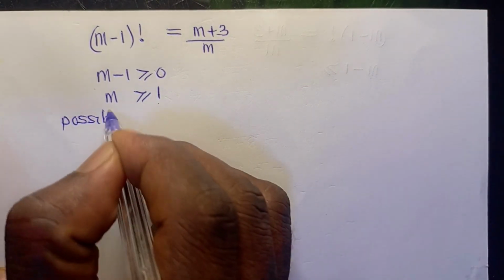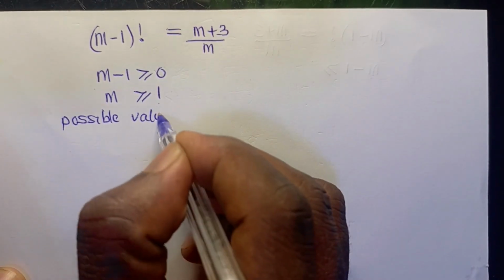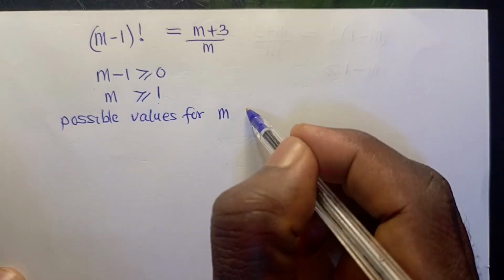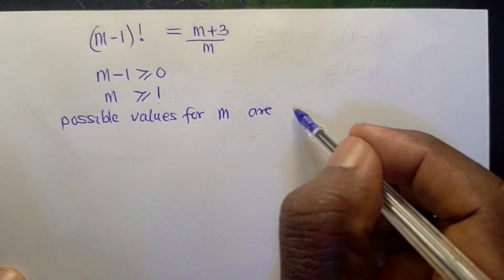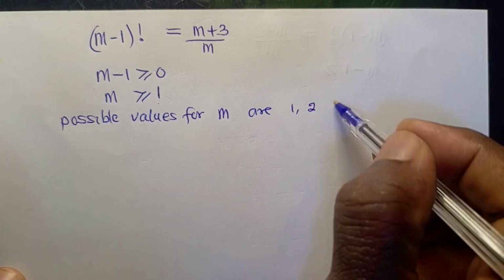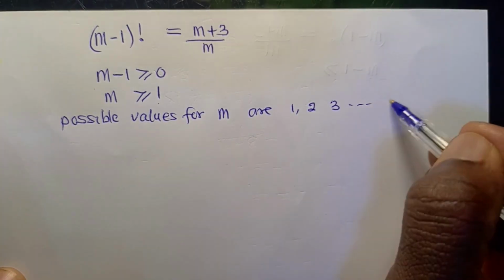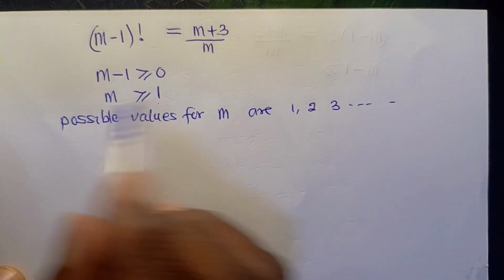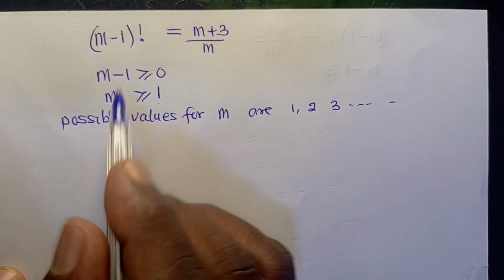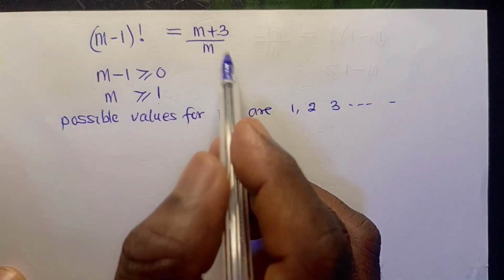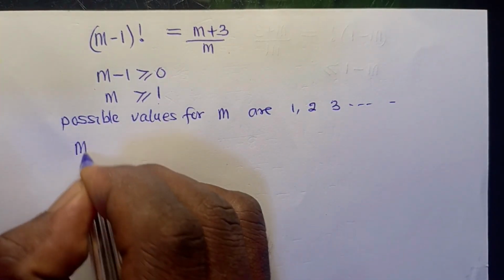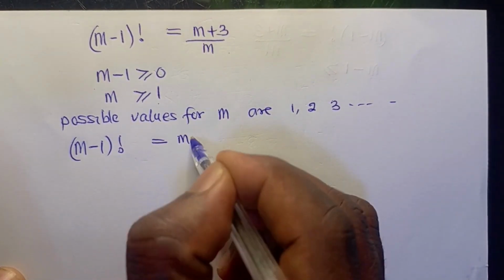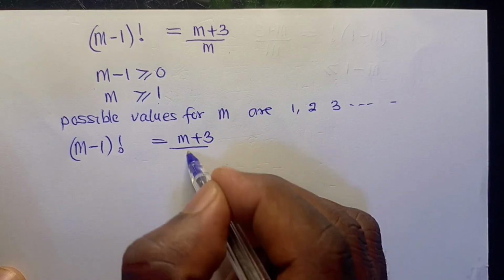Possible values for m are 1, 2, 3, 4, and up to infinity, continuous. So we try these values in this relationship: (m minus 1) factorial equals (m plus 3) all over m.